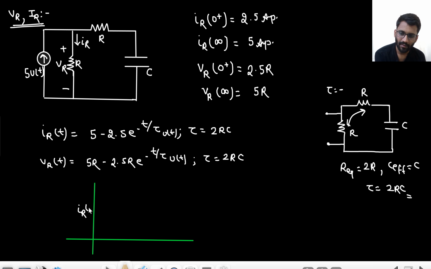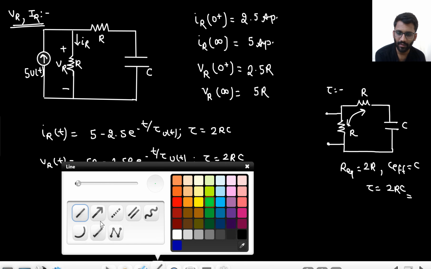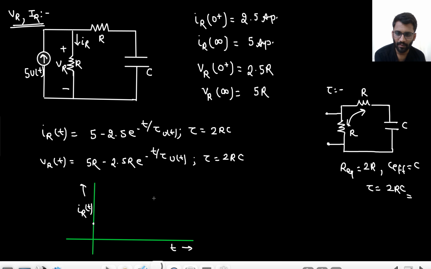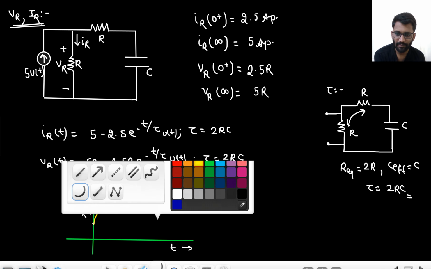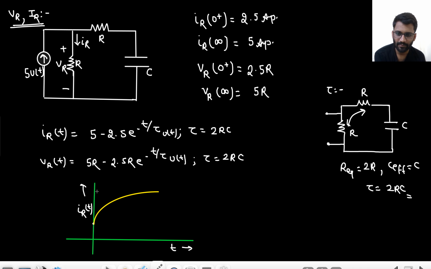For the IR waveform, from 2.5 it goes up to 5, with time constant being 2RC.